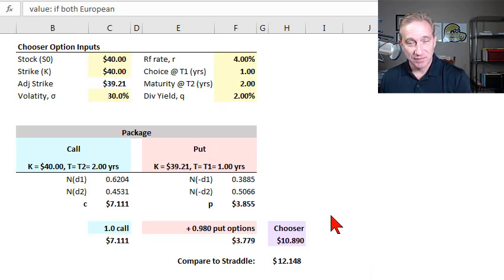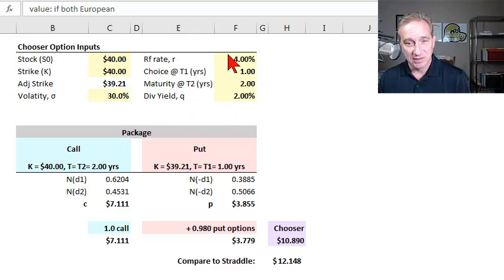My model, and I'll put that spreadsheet in the description field, uses mostly the same inputs and the same mechanics as the Black-Scholes-Merton model. I'm assuming that the current stock price is $40, and the strike price, as I mentioned, is $40. I'm going to assume a volatility of 30% and a risk-free rate of 40%.